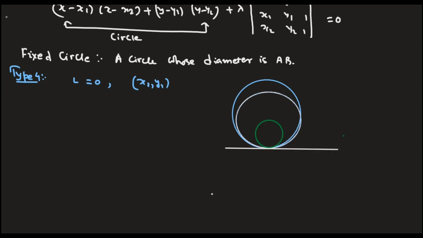Here this one is the point x1 y1, and this is the equation of the line L equal to 0. So how can we find the equation of the family of circles where each member touches the line at its fixed point x1 y1? First of all, we try to make the point circle.